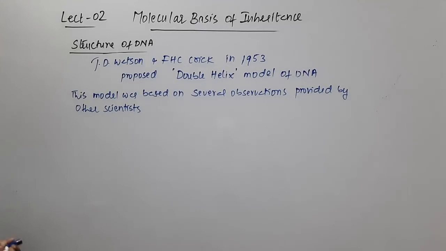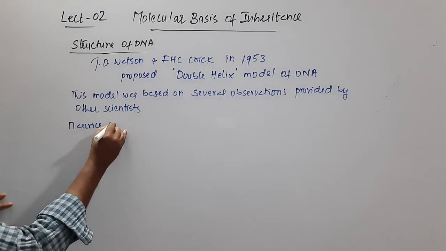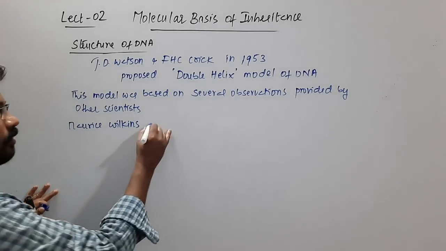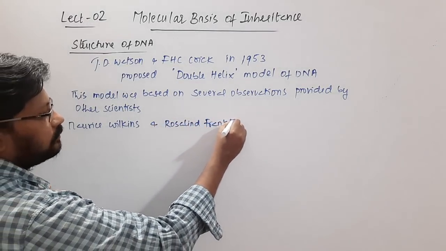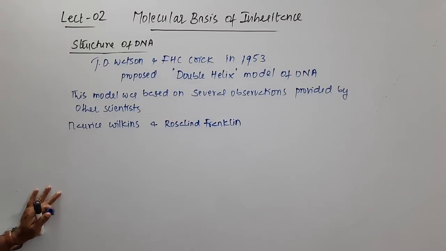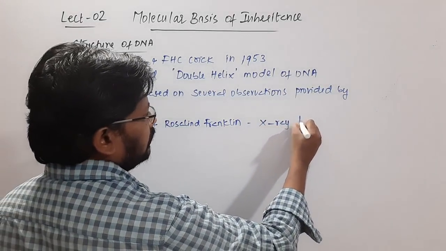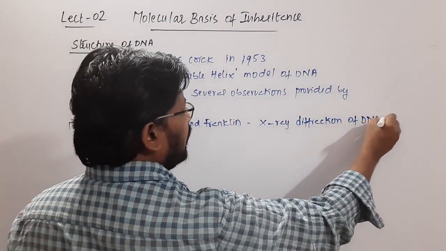So let's see their names. Here a person named Morris Wilkins, a British physicist, and another person called Rosalind Franklin. These two persons did X-ray diffraction of the DNA molecule.